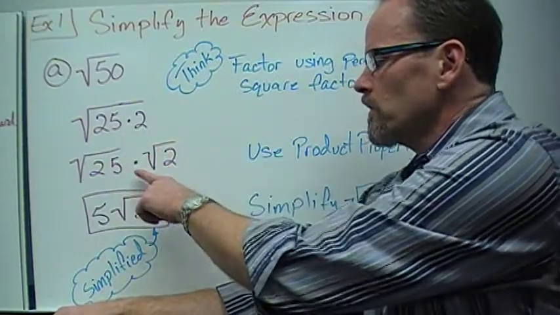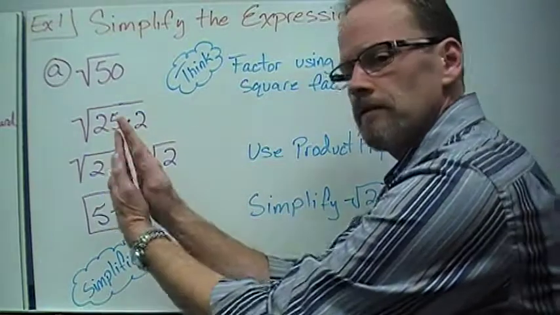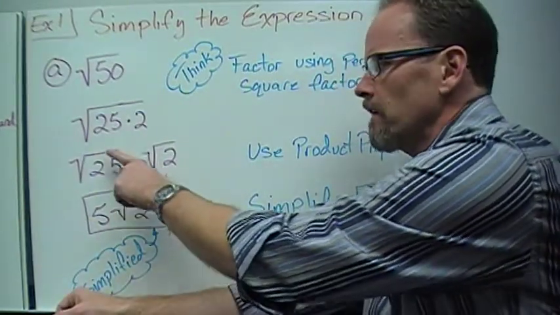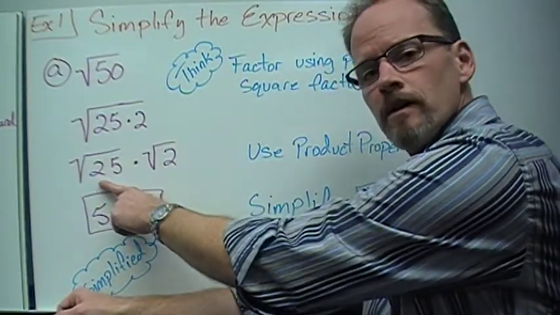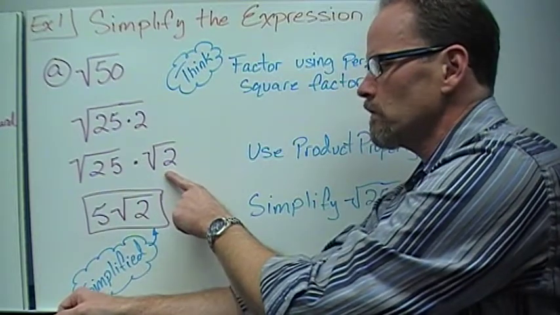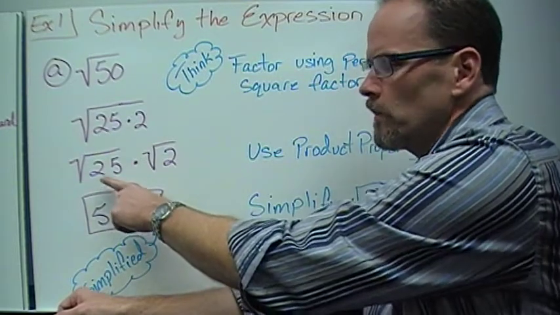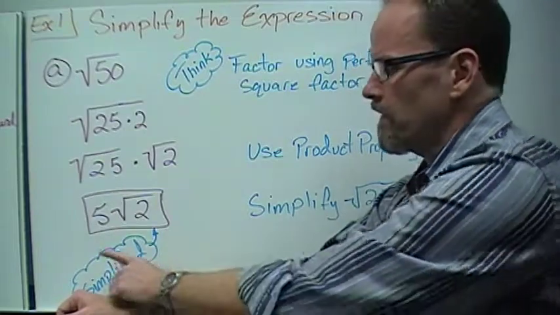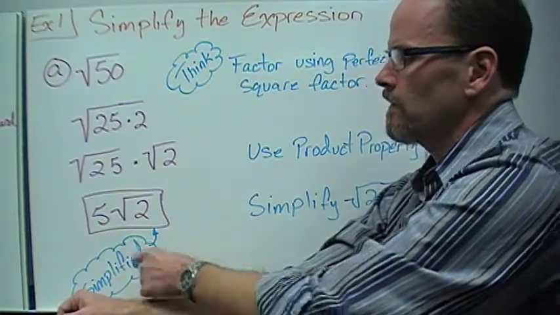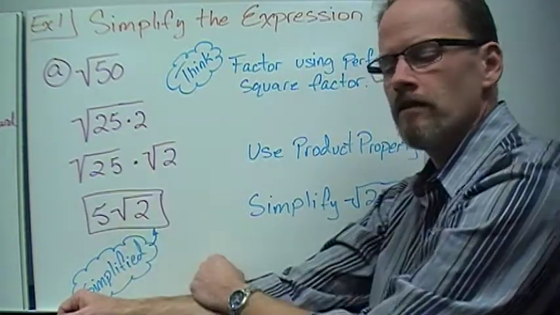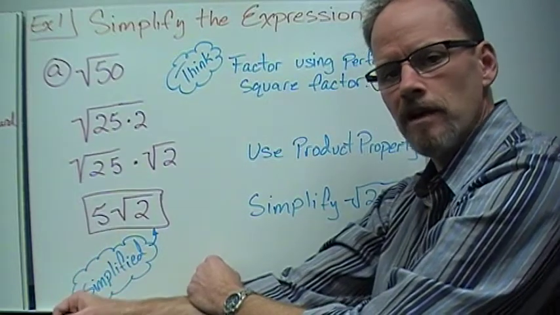And then my next step, I'm going to use the product property, split them up, and I've got the square root of 25 times the square root of 2. And then previously we learned that the square root of 25, in fact, is the same as 5. And I'm just going to bring this one down along for the ride. I'm not going to break that down anymore.